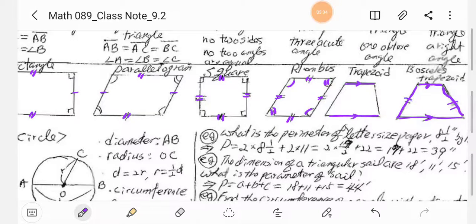Then we call it an isosceles trapezoid. This is a trapezoid, but two sides are the same as in isosceles. Remember isosceles?